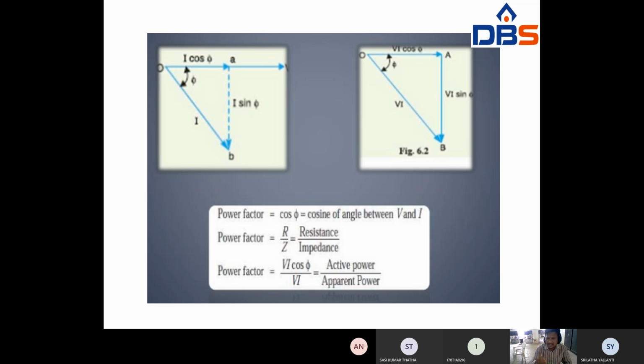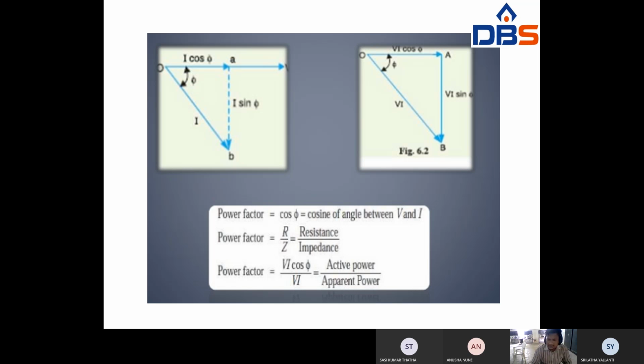Substituting, power factor is R by Z, but Z is equal to R, therefore R by R is equal to 1. So the power factor of a series resonant circuit is unity. So from the resonant circuit, this definition comes into the picture.